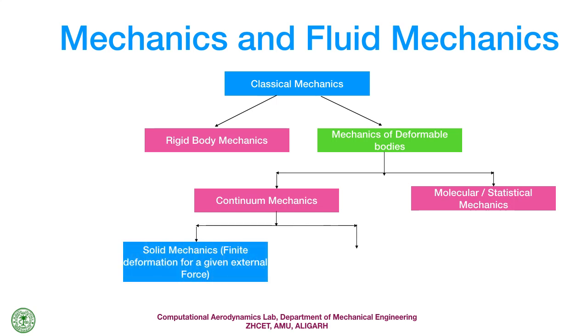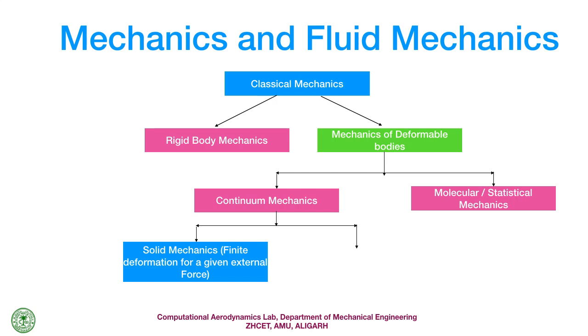If you break down this continuum mechanics into two parts, one will be solid mechanics, or the mechanics of finite deformation, where you have a solid, and only a given amount of external force can deform it.